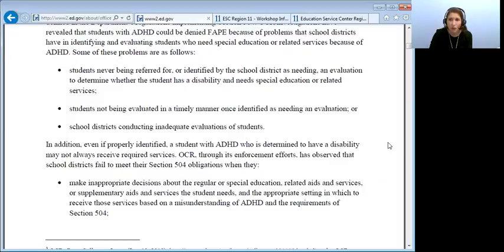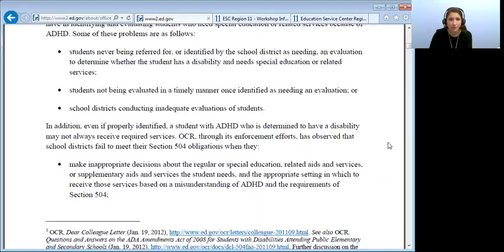So there's a twofold issue. There's a lack of understanding of exactly what ADHD is, and then an inadequate way of evaluating it, and then an inadequate way of providing the resources and tools needed by the student with ADHD.